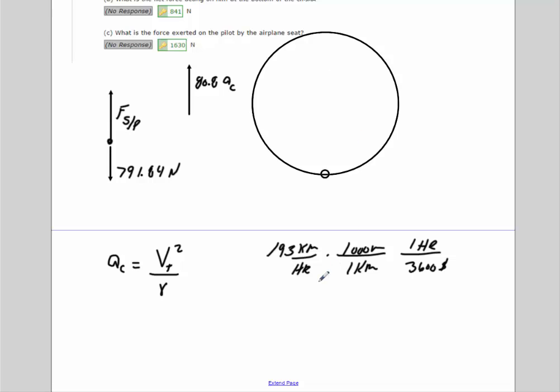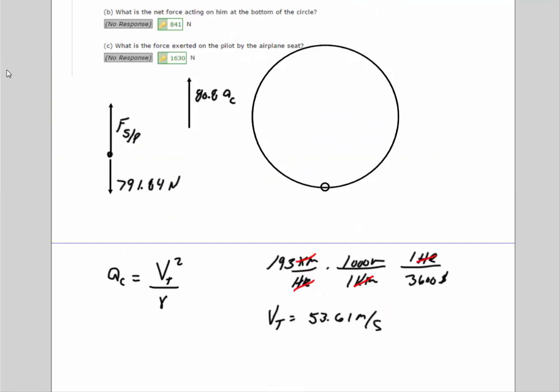And you notice that hours cancel out and kilometers cancel out. We'll run that calculation: 193 times 1,000 divided by 3,600, and we have 53.6. So my tangential velocity is equal to 53.61 meters per second.